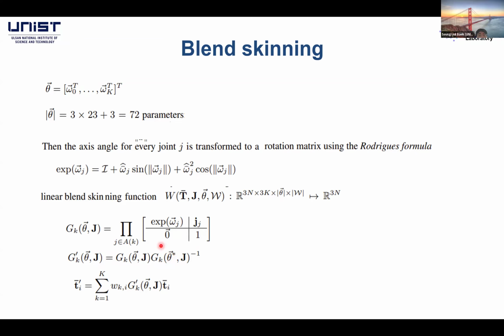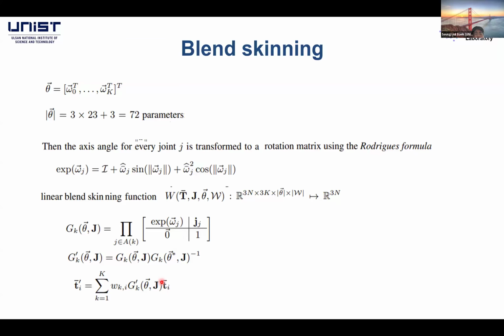We want to eliminate the influence of that mean pose, that initial pose. So we multiply the inverse of that mean pose and multiply the new pose's transformation matrix. Okay. And now G prime K becomes the transformation matrix for each vertex. No, not each vertex, but each joint. This G of K is obtained for each joint. Okay.